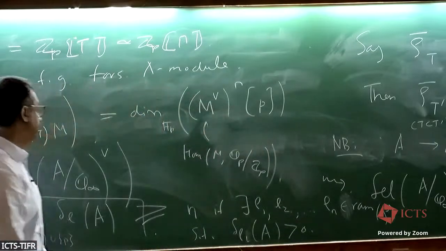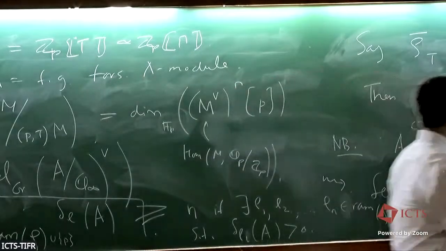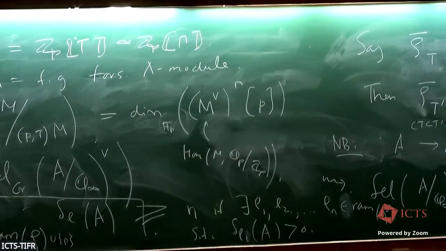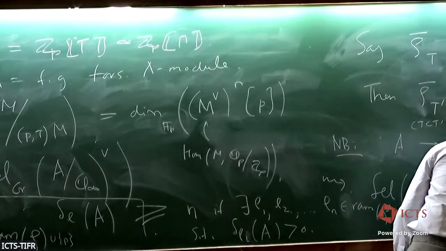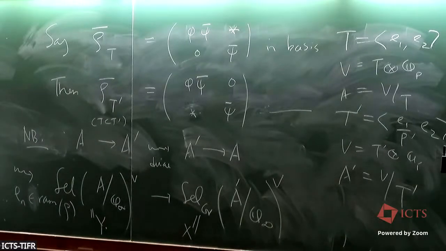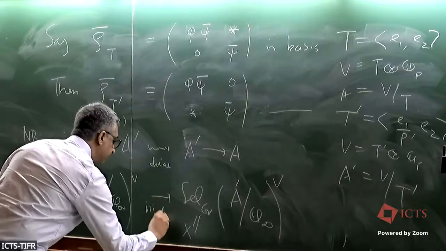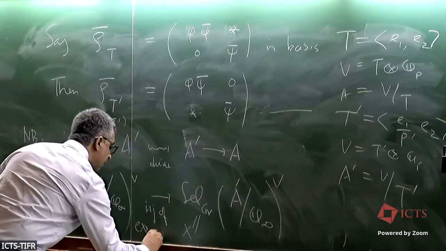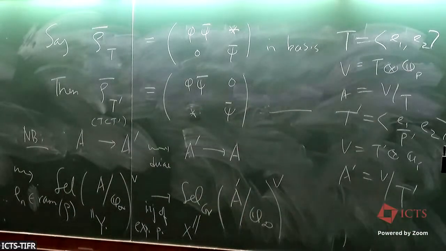You can find N primes with these deltas positive, then obviously this number is bigger than N. You go back over here, you call this X, call this Y. It turns out that this map is injective of exponent P. So it fits into Matsuno's setting, and think of Y as a submodule.